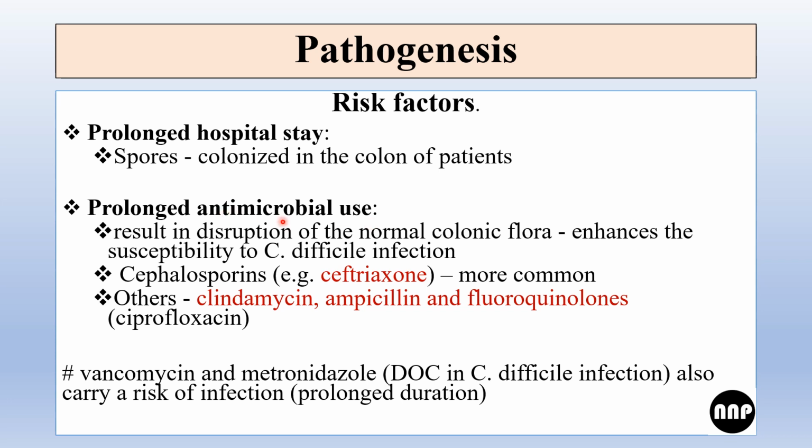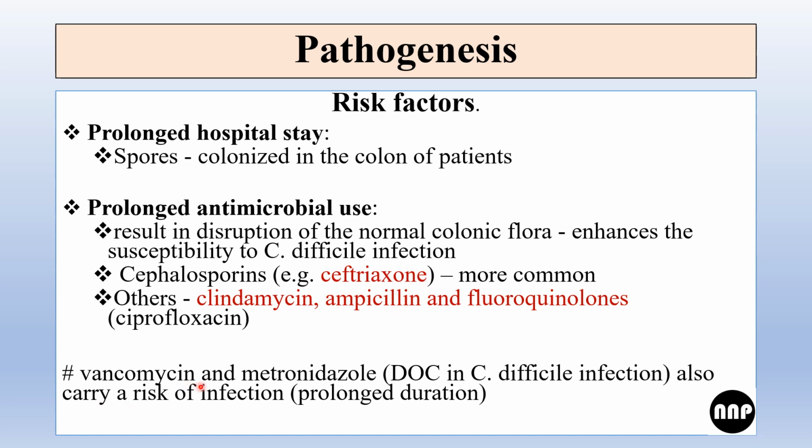What happens is that this antimicrobial causes disruption of the normal colonic flora. And once normal colonic flora is disturbed, it enhances the susceptibility to C. difficile infection. Now, what are the antibiotics? The most common is associated with cephalosporins like ceftriaxone, others like clindamycin, ampicillin, fluoroquinolones like ciprofloxacin.